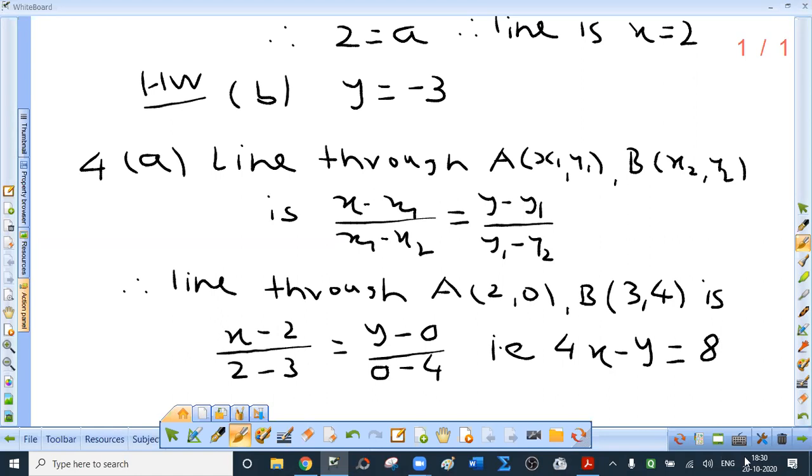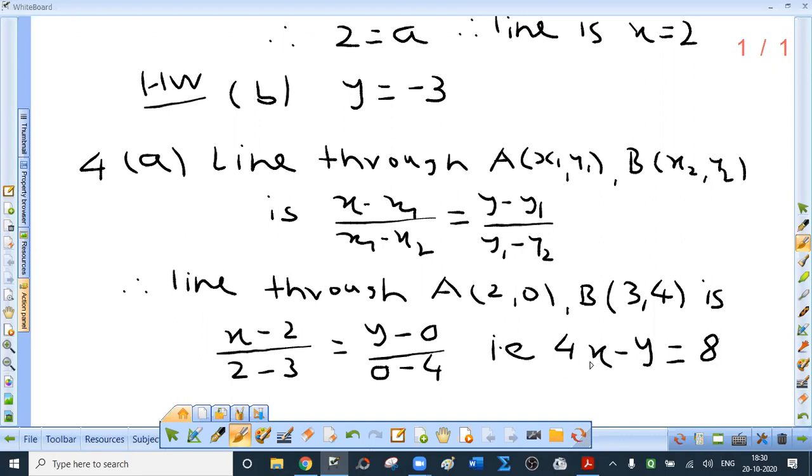Just check this. Yes. Now you will ask me, sir, if we write 4x minus y minus 8 equal to 0, that is also correct. In fact, usually we write the equation of a line in the form ax plus by plus c equal to 0 only. But generally we see that the coefficient of x is positive.